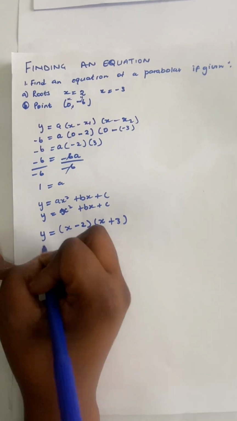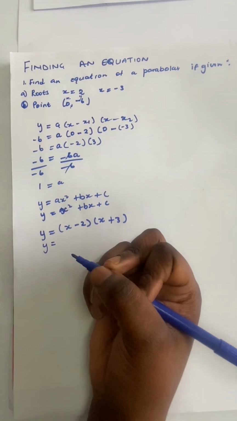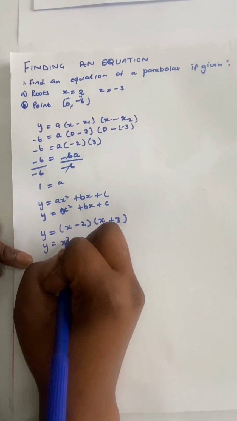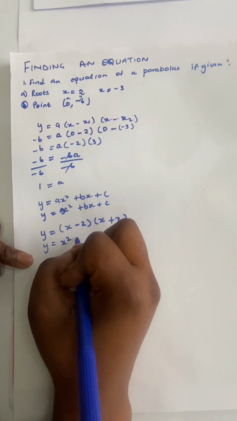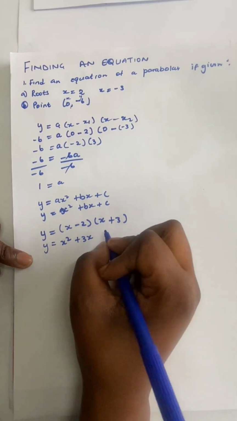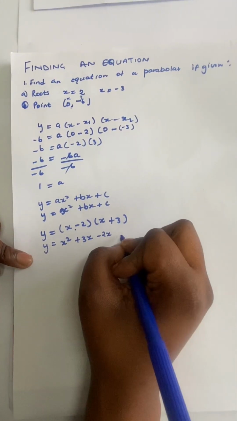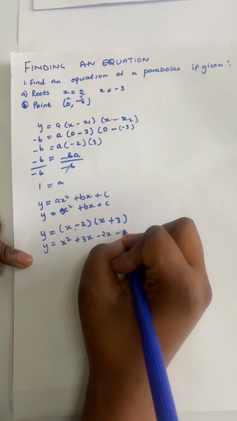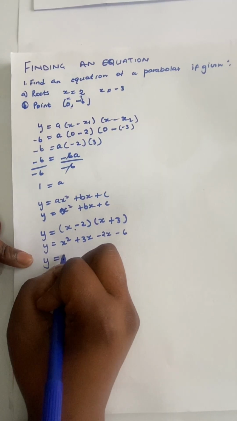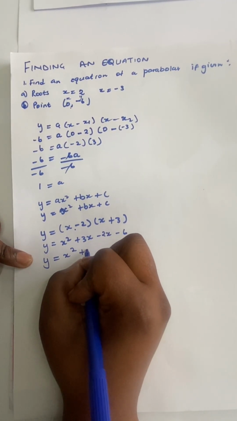Okay, and then you expand. It's x times x, which is x squared, x times 3 is plus 3x, negative 2 times x is negative 2x, negative 2 times 3 is negative 6. All right, y is equal to x squared plus x.